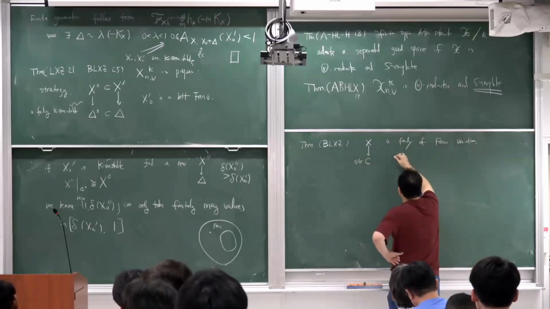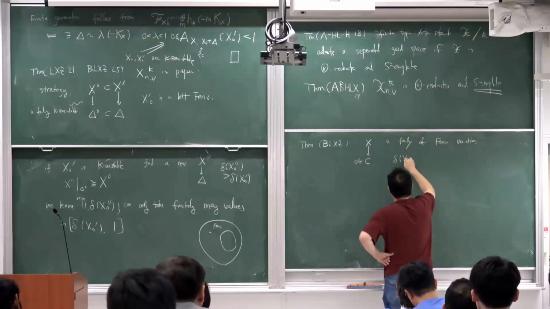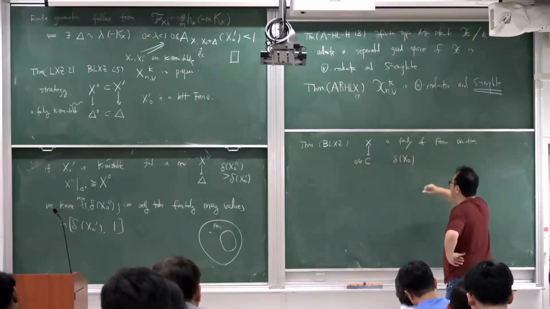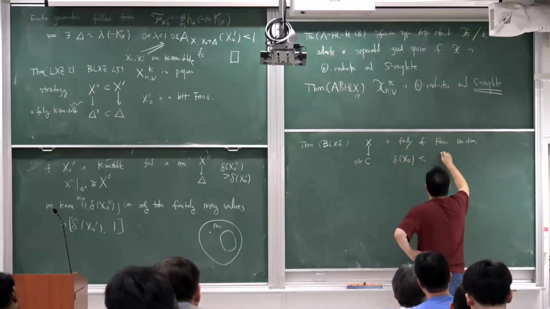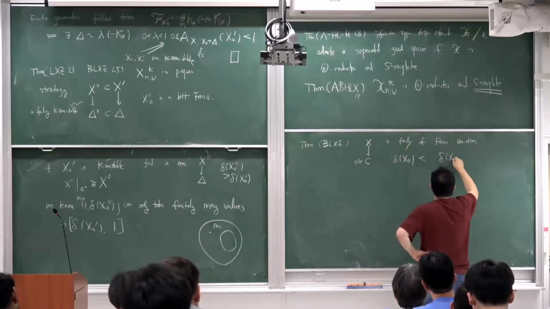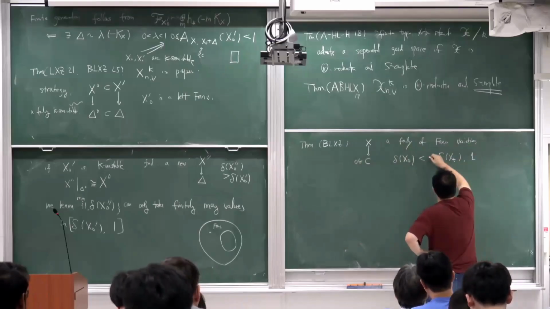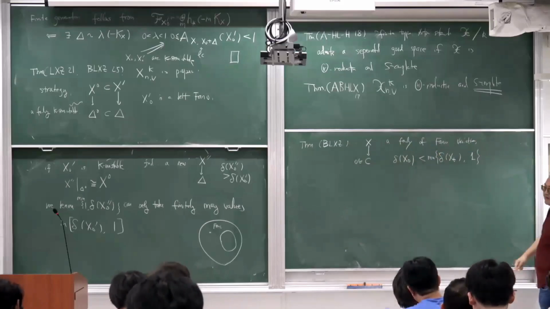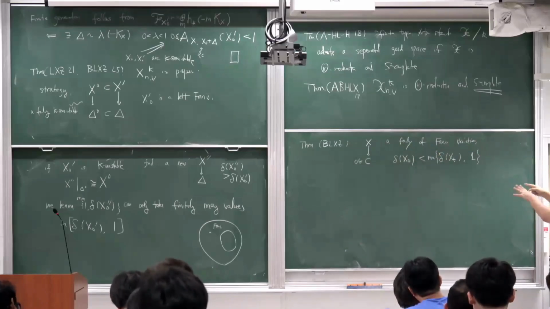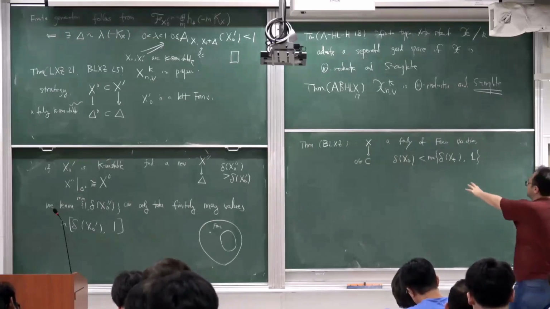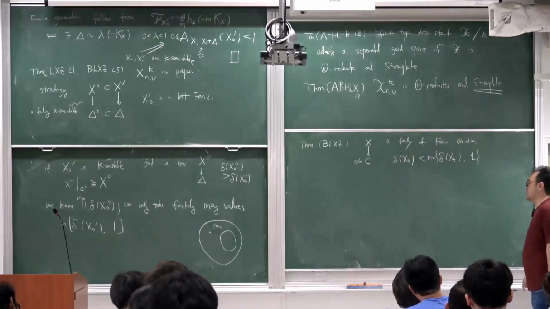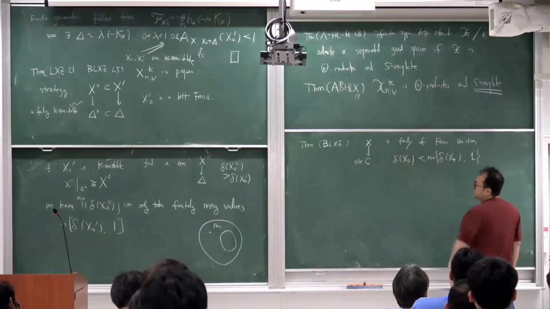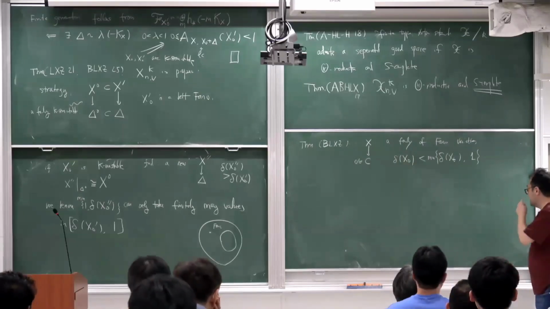And I make the assumption that the delta of the central fiber is smaller than the delta of the generic fiber, and possibly 1. So I make this assumption. That means, for instance, if the general fiber is K-semistable, then this really just means the central fiber is not K-semistable.